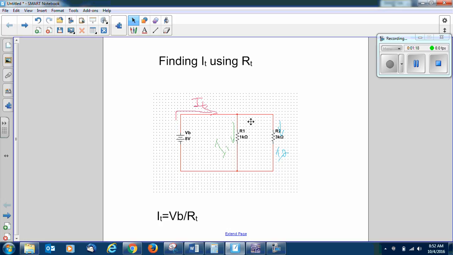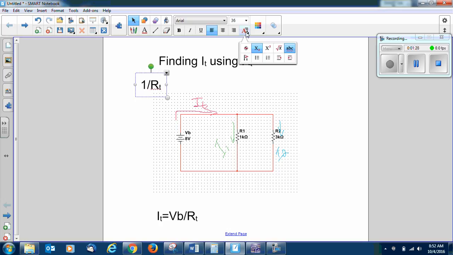Okay, well, I can easily find R total over here. Remember, my formula for R total is 1 over R total equals 1 over R1 plus 1 over R2.